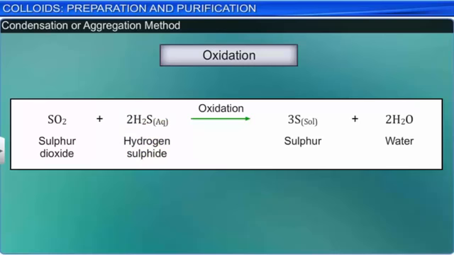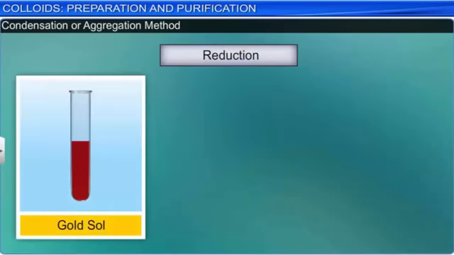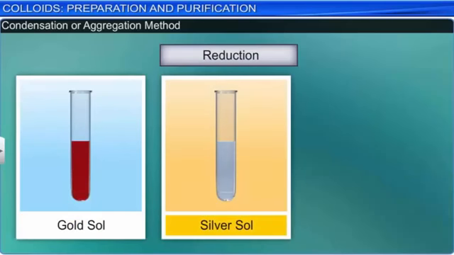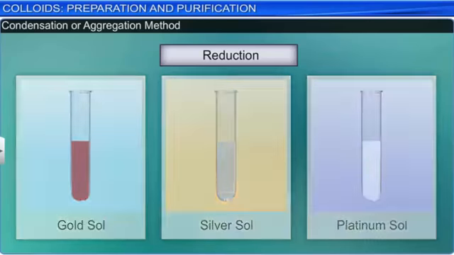Sols of gold, silver, and platinum can be obtained by the reduction of dilute solutions of their salts with a suitable reducing agent. For example, gold sol can be obtained by reducing a dilute aqueous solution of gold chloride with formaldehyde.